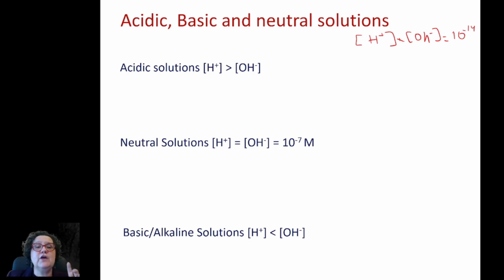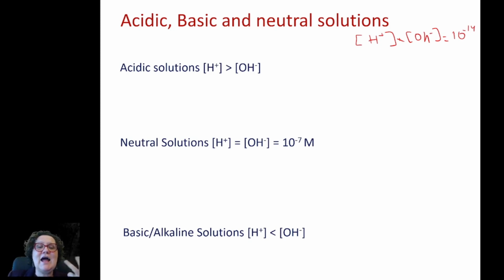Acid solutions are solutions in which you have more hydrogen ions than you have hydroxyl ions. So what would be more hydrogen ions? Well, remember that there are negative powers of 10.